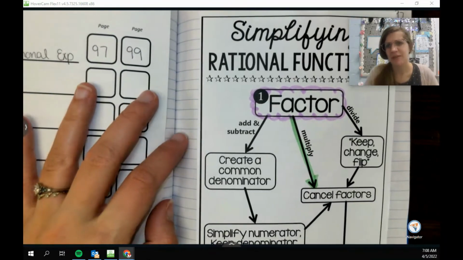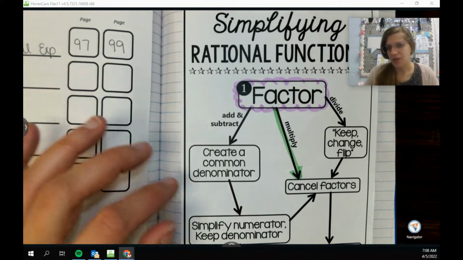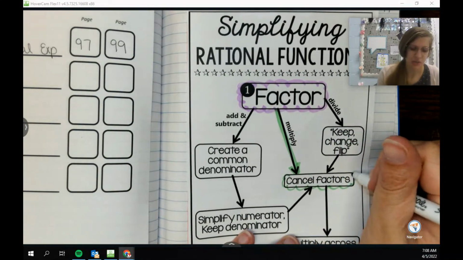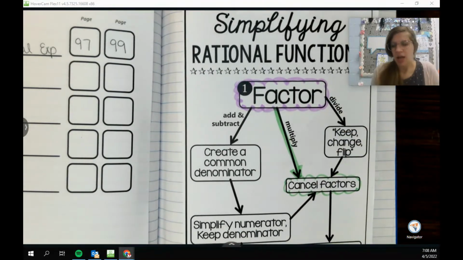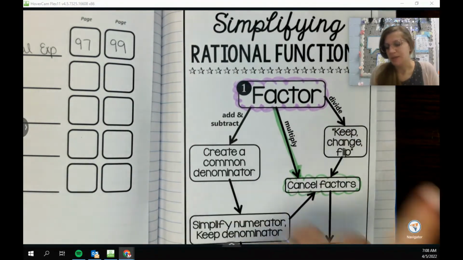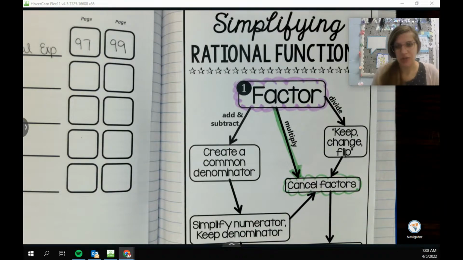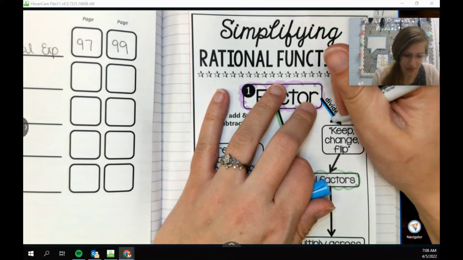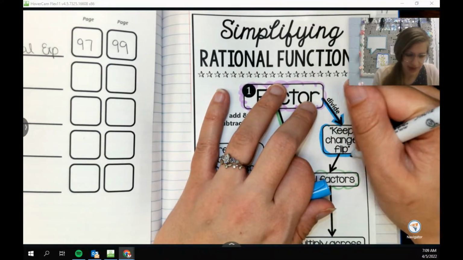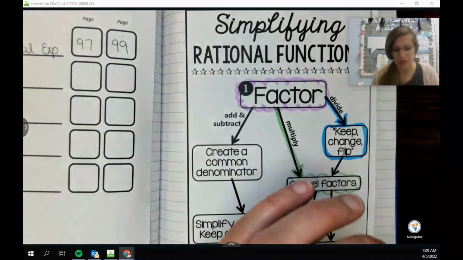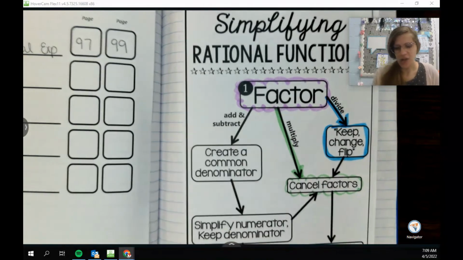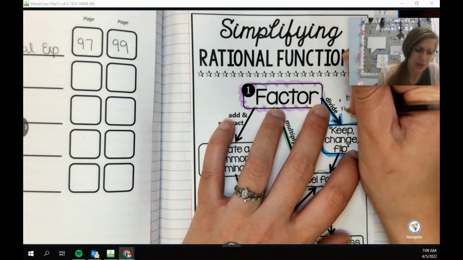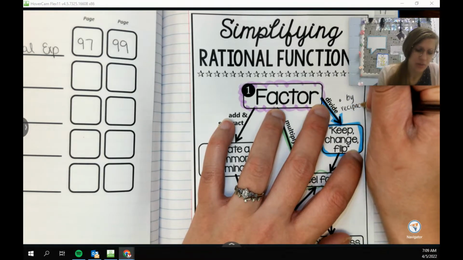The tricky part can be division because we don't really divide fractions. So we go straight to canceling our factors with multiplication. However, before I can do that with division, I need to keep, change, flip, or multiply by the reciprocal. So we don't really divide fractions. We want to instead multiply by the reciprocal, or keep, change, flip.